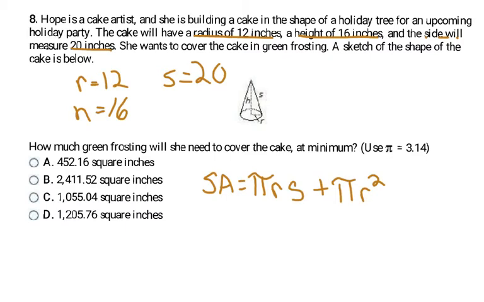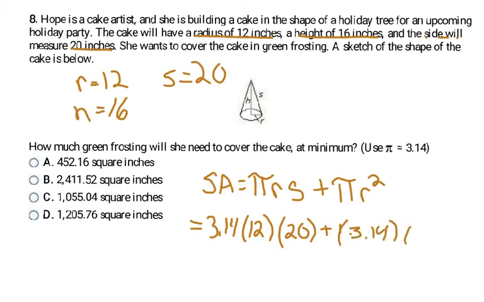So then I'm just going to fill in the information that I need into my formula. The problem tells me to use 3.14 for pi. And I'm going to take that times my radius number, which is 12, times my slant height, which is 20, plus pi, which is, I'm using 3.14, times my radius number, which is 12, squared.